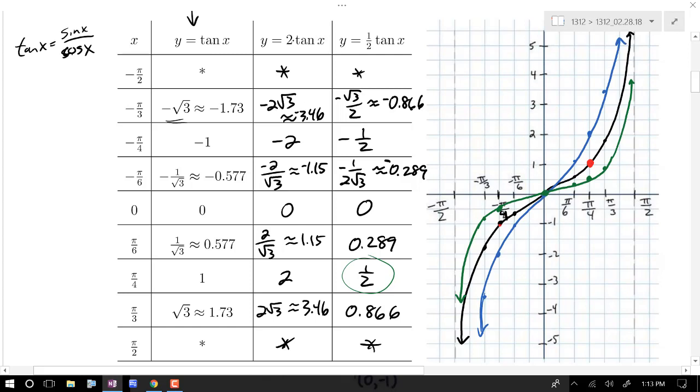At negative pi over 4, we're at negative 1. Here's my 2 tan of x, so there's 2 and negative 2. And here's my pi over 4 when we were at 1/2 and negative 1/2. So I use that as my primary anchor, together with the fact that it goes through 0, 0. Because I know the shape and behavior of tangent, I just fill in the rest with a smooth continuous curve.